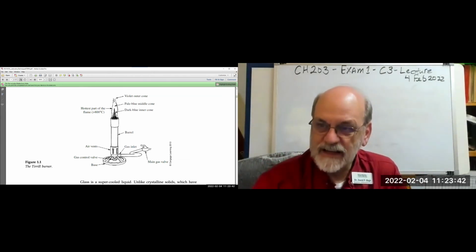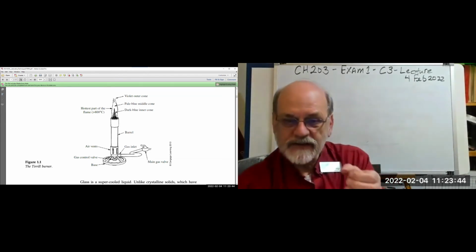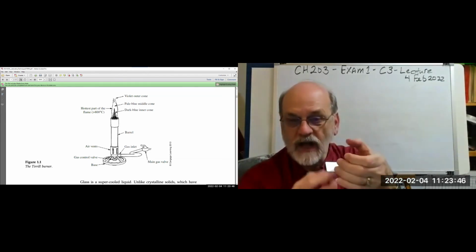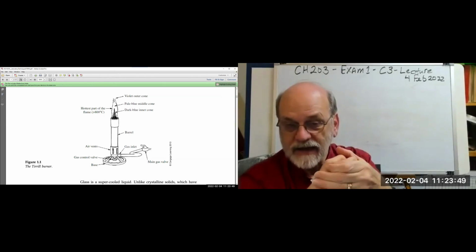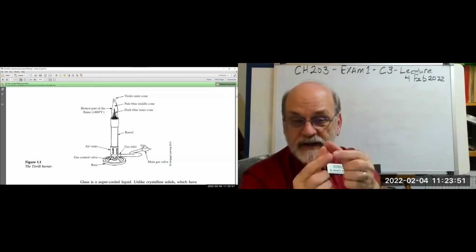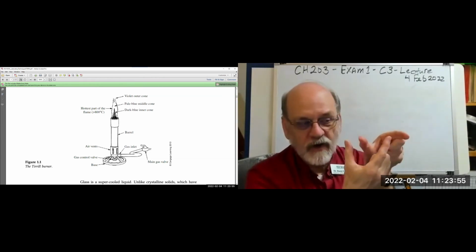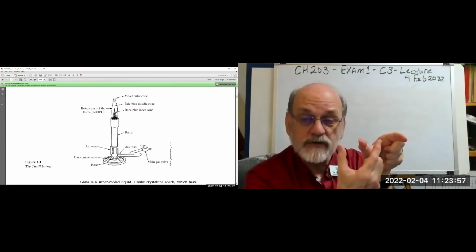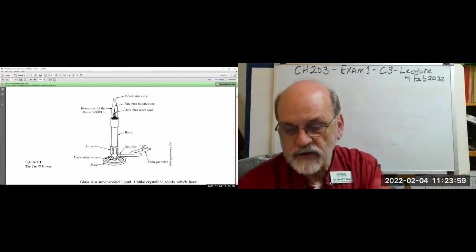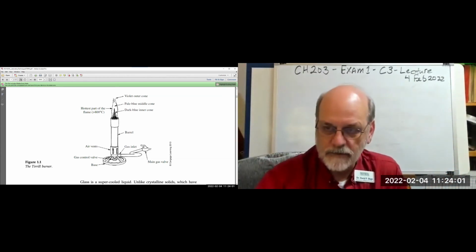It's got slots in it. There are slots in the ring and there are slots in the barrel inside. When you match those up perfectly, you get maximum air. But if they overlap a little bit and are partially closed, you restrict the amount of air that goes into the mixing in the flame.